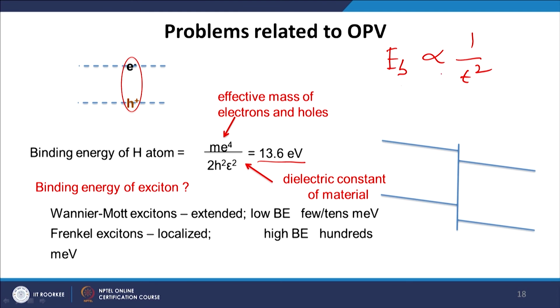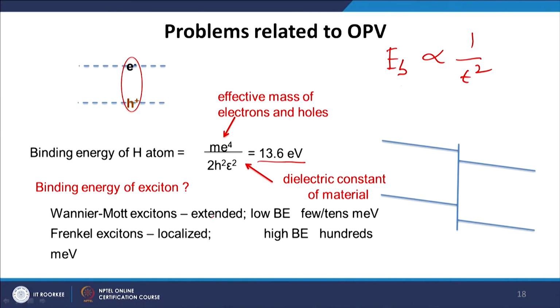Whereas in an organic semiconductor the dielectric constant is low, and if the dielectric constant is low, the binding energy is high. So, you need to apply a lot of electric field to dissociate this charge carrier. That is why you get a bound charge carrier, not free charge carriers, and that is why we need to insert the acceptor material along with the donor material in this kind of solar cells.